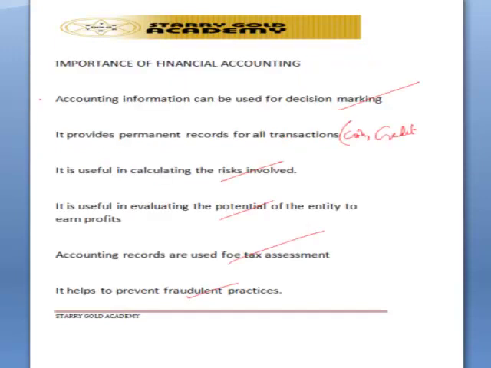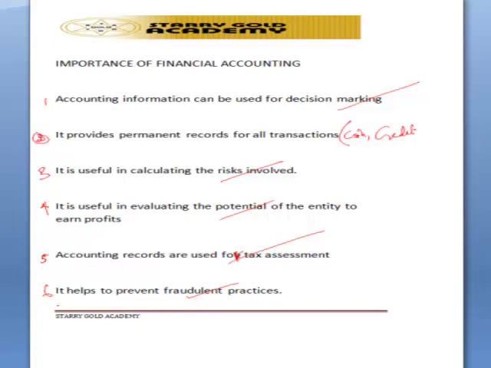financial accounting. One, this accounting information can be used for decision making. Secondly, it provides permanent records for all transactions. Thirdly, it is useful for calculating the risk involved. Fourth, it is useful in evaluating the potential of the entities to earn profit. And five, accounting records are used for tax assessment.